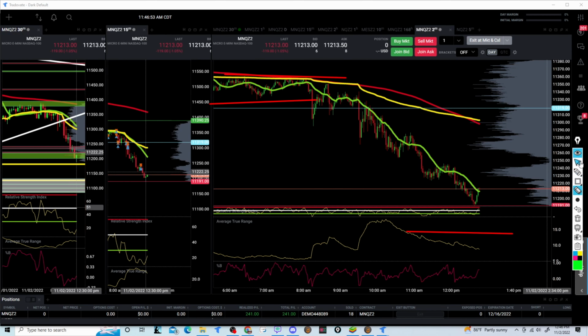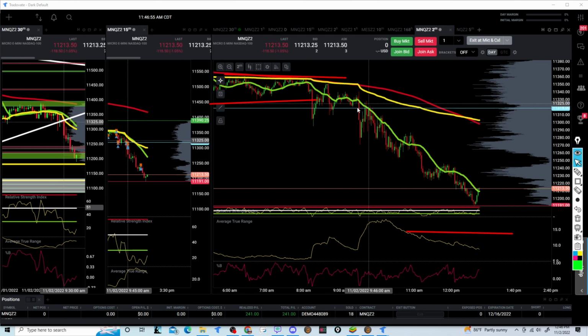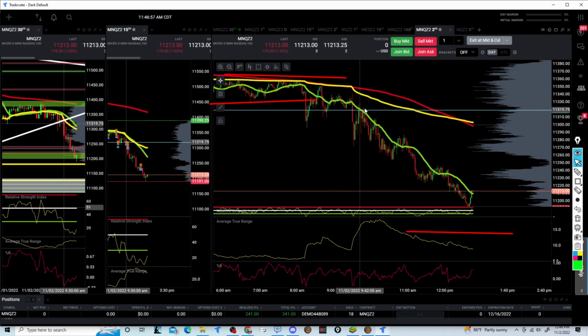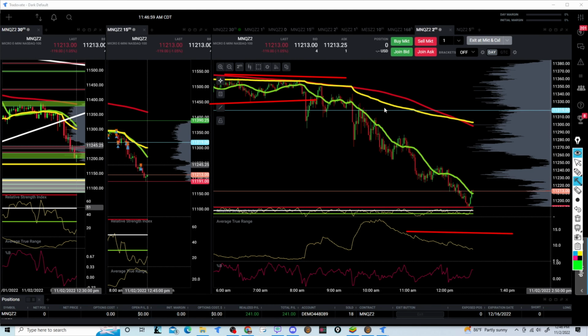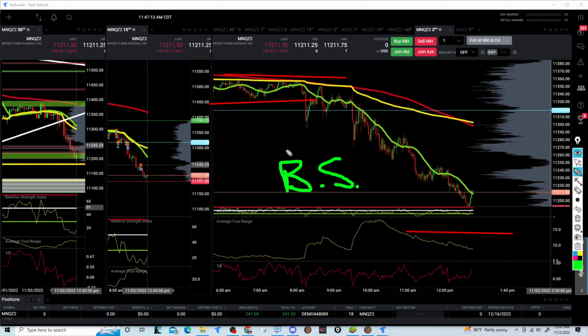Don't be the lone cowboy who wants to buy or short it right here and then take your profits all the way down here. Take baby steps. Take baby steps.